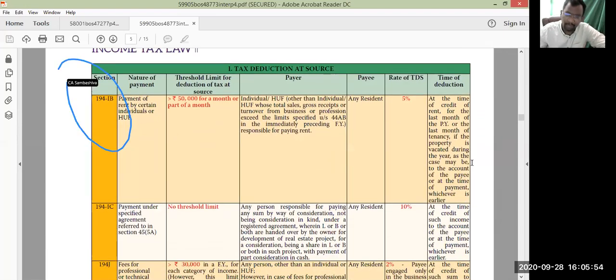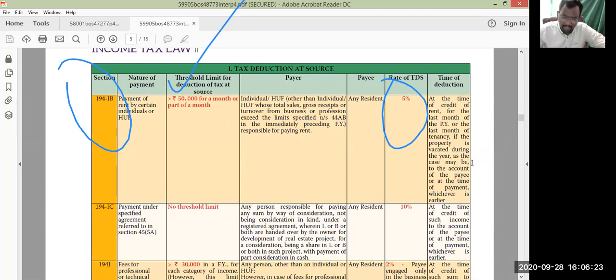194IB, just now we have discussed. Payment of rent by certain individuals or HUFs whose books of accounts are not subject to tax audit. If subject to tax audit, they will be covered by 194I. If not subject to tax audit, they will be covered by 194IB. Threshold limit: if exceeding 50,000 per month, they are subject to the deduction of TDS. The rate of TDS is 5%.